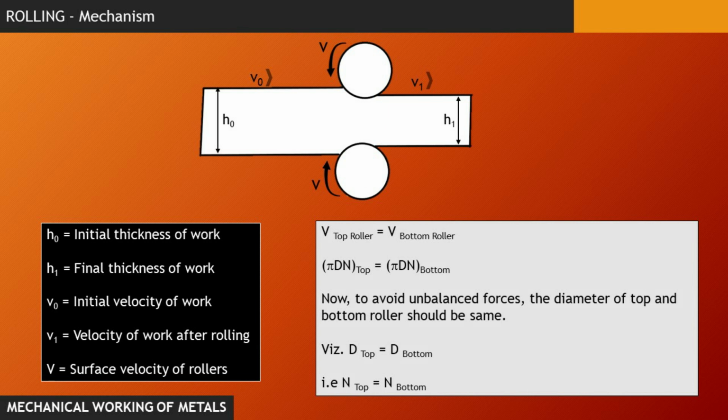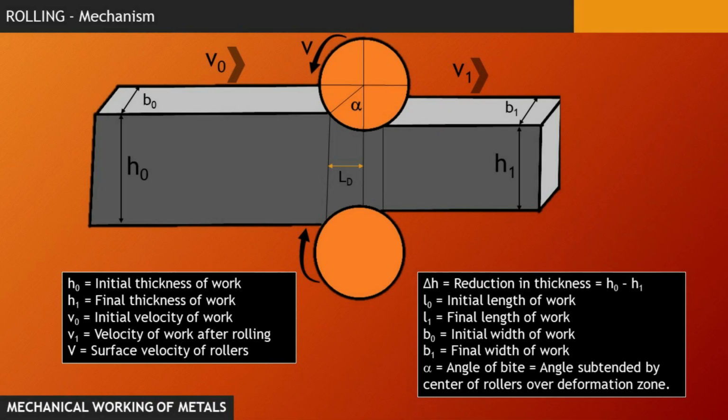Now, in rolling operations, it's not always that the height of the work is getting reduced. Sometimes the width also gets reduced. As you can see here, B0 is the initial width and B1 is the final width.